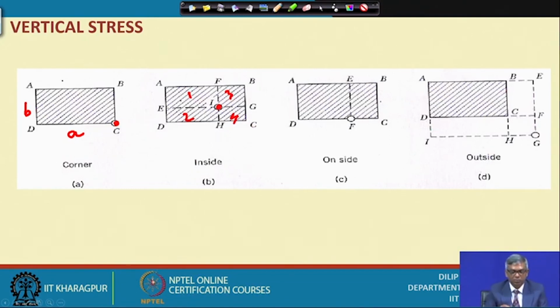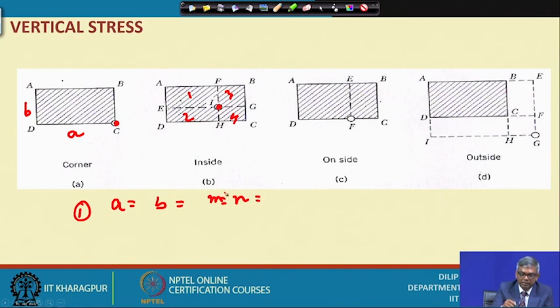Now, for these 4 parts, what do I have to do? I can consider each separately. Suppose I am considering footing 1, what is A, what is B? I will write A equal to how much, B equal to how much. That means A and B are not constant. Initially the foundation dimension was A B. Now I am using another small part. What is A for 1? What is B? What is M? What is N? I have to find these, and then apply the corner formula.